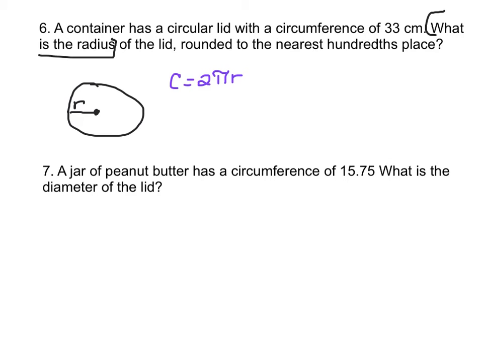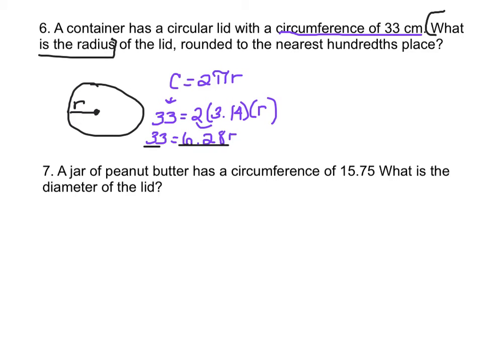C equals 2 pi r. Here, though, I'm actually given the circumference is 33. So instead of writing C, I plug in 33 for their circumference. 2 times 3.14 times r, because I don't know my radius. I can go ahead and multiply 2 times 3.14, and I get 6.28 r. To get r by itself, I just divide both sides by 6.28.